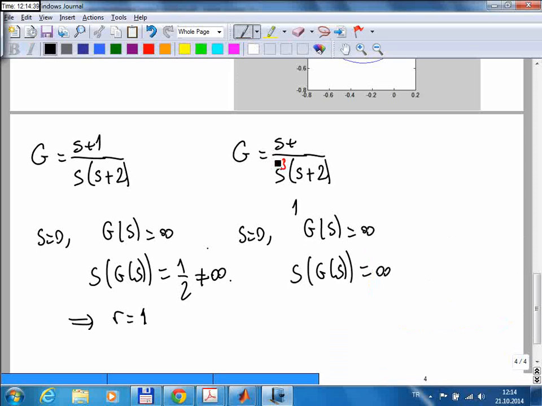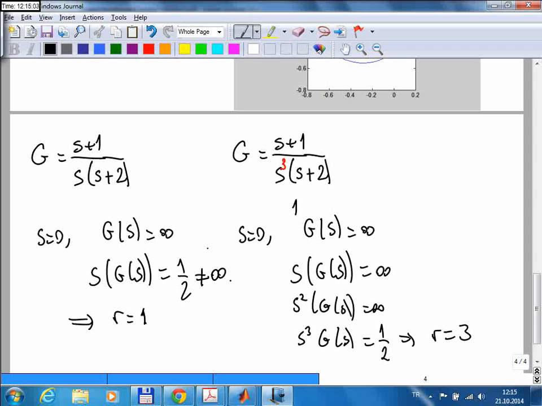So if you multiply this with s, you still get two s's in the denominator, and the value of the function times s squared is still infinity. And finally, the value of the function times s to the power 3 becomes non-infinity, or finite. So this means r is equal to 3. Okay?